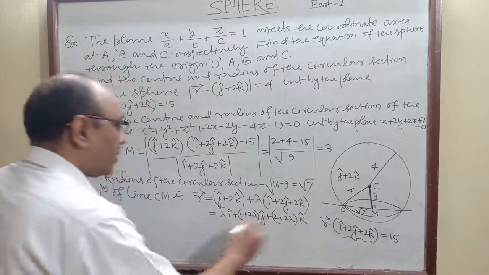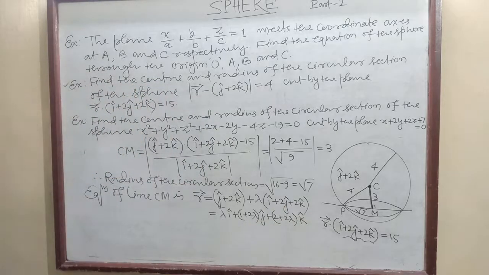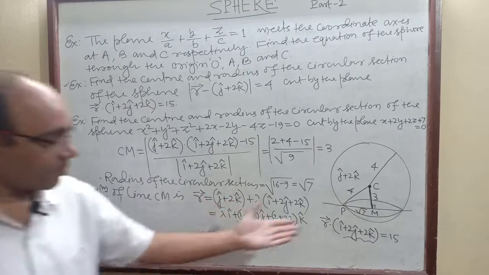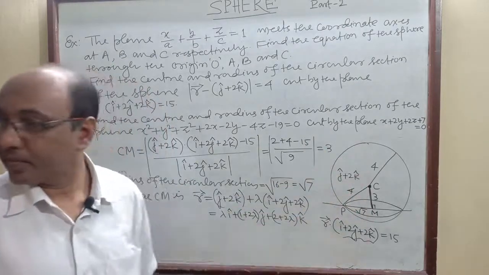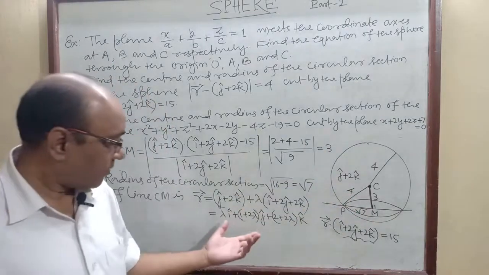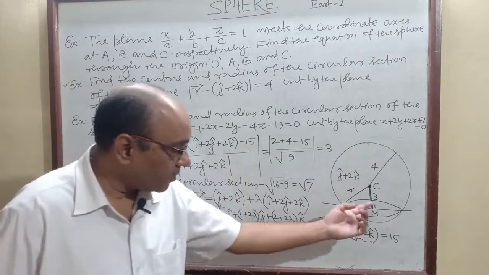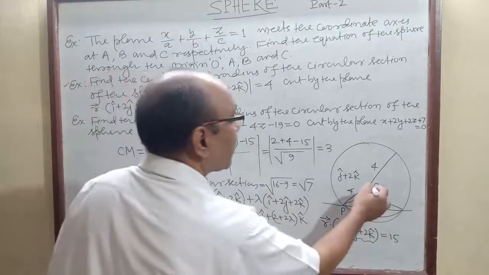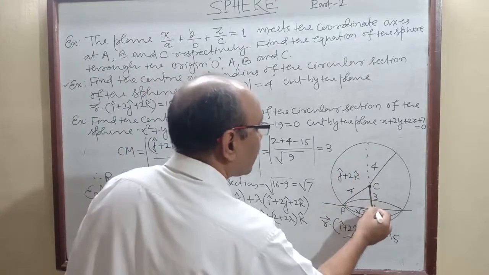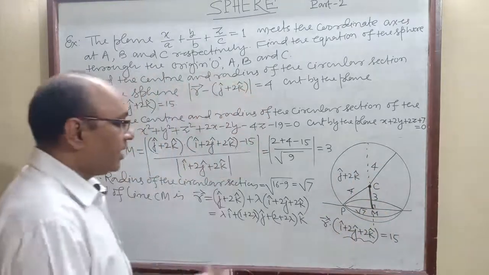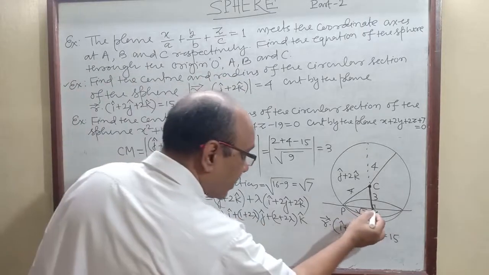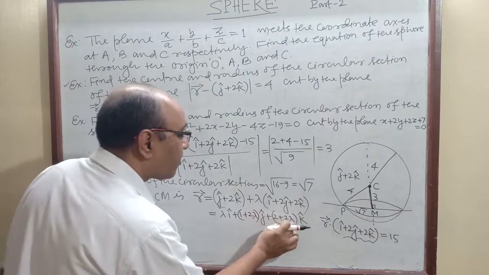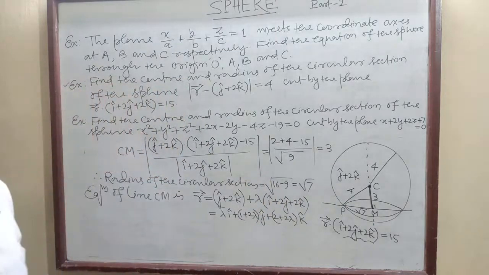And we know this is not only the equation of this line CM, it also indicates any general point of the line CM, and this point may be the foot of the perpendicular. If this general point indicates M, the foot of the perpendicular, then what will be the value of lambda? That you have to calculate.